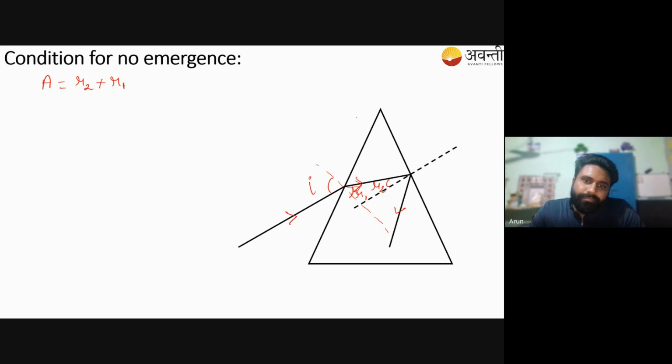The maximum value for R1 can be, if this R1 is theta c, the critical angle, because R2 can extend its value, na? R2 is greater than theta c in this case. You will see. Okay, got it? So this is the value R1 can have at the minimum.